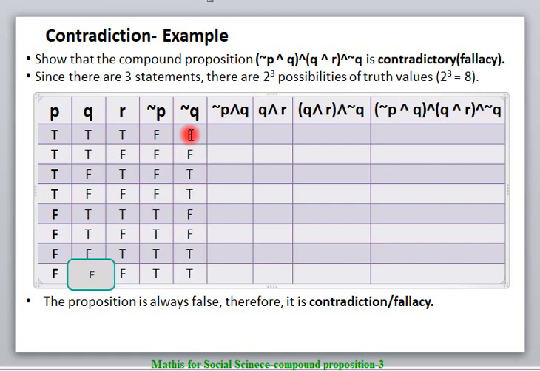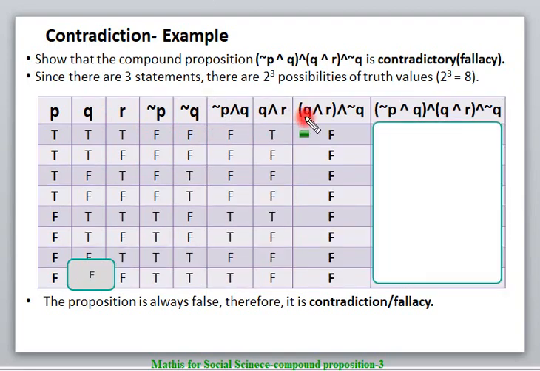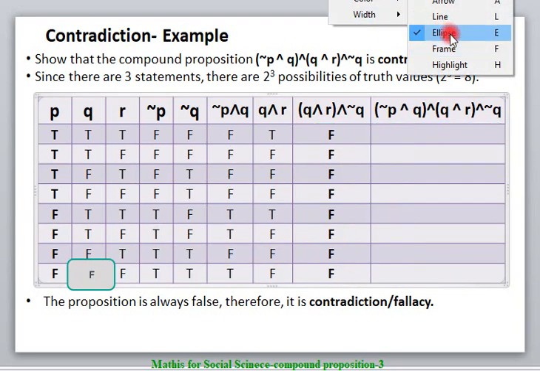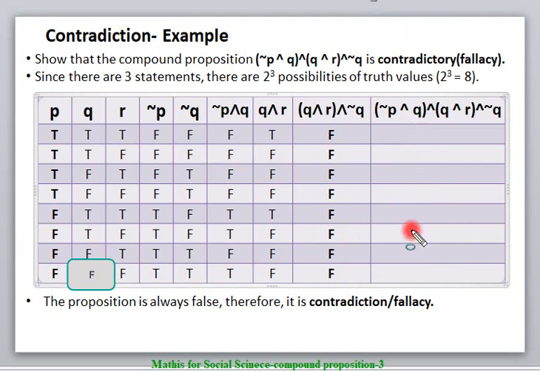Then here we are going to write negation P and Q. Also we construct Q and R here, and negation Q. We get here all elements false. We are going to make sure that this element is false in order to show that this compound is contradictory.